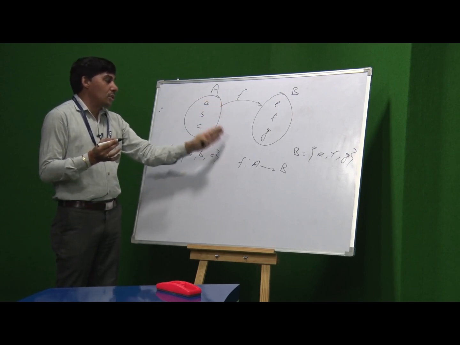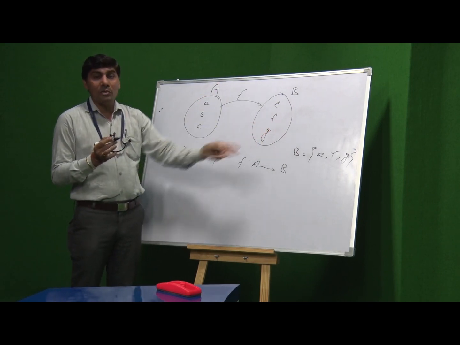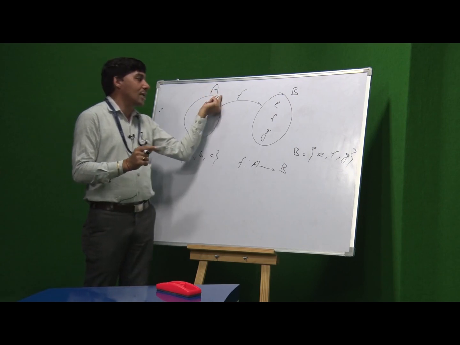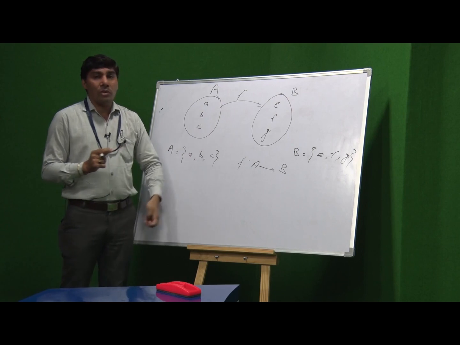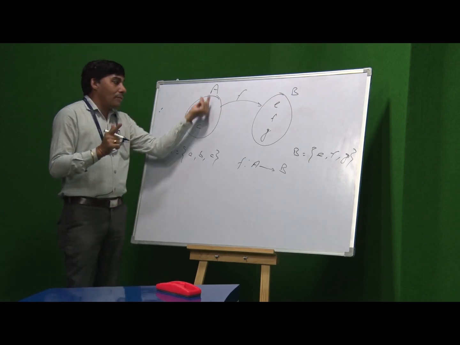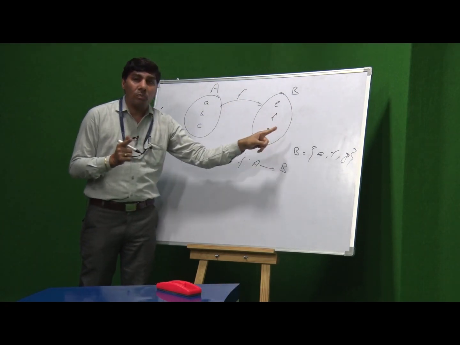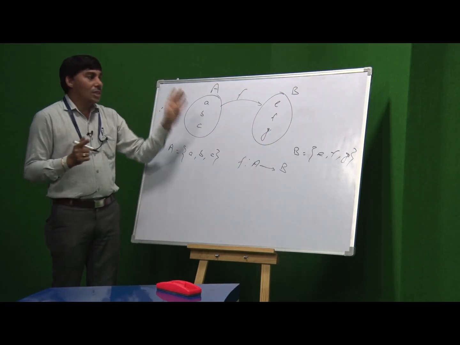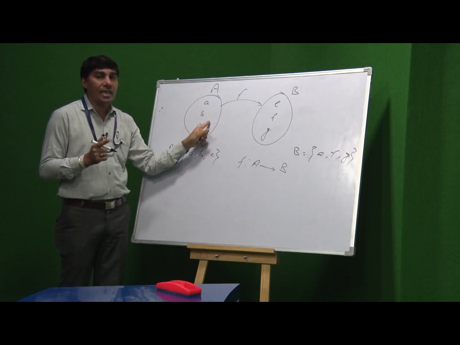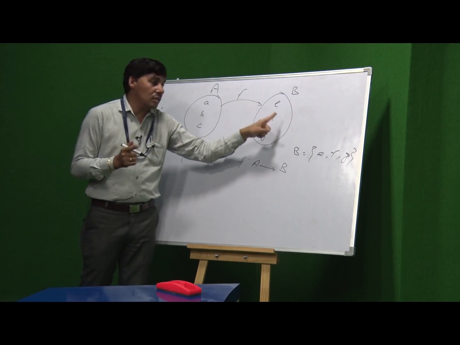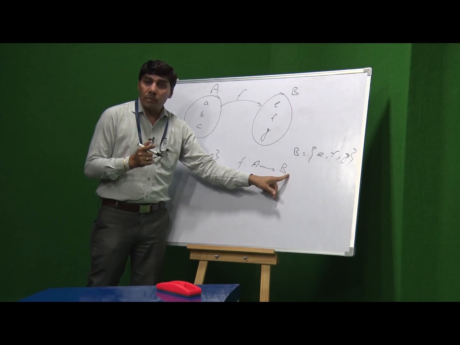So f is a function which maps the elements of A into the elements of B. That means there is an association between the two sets A and B. We can repeat the definition of the function: a rule by which every element of A is associated with elements of B uniquely, then this rule is known as a function from the set A to the set B. We can write it as f: A to B.